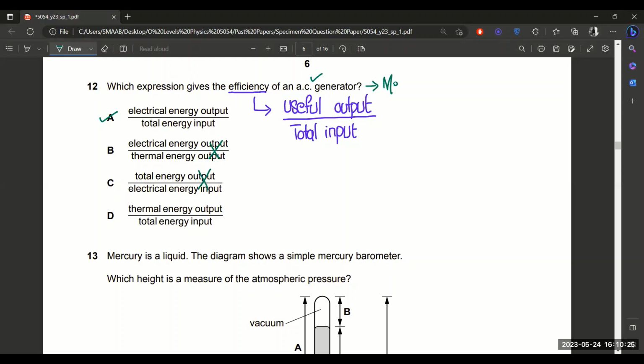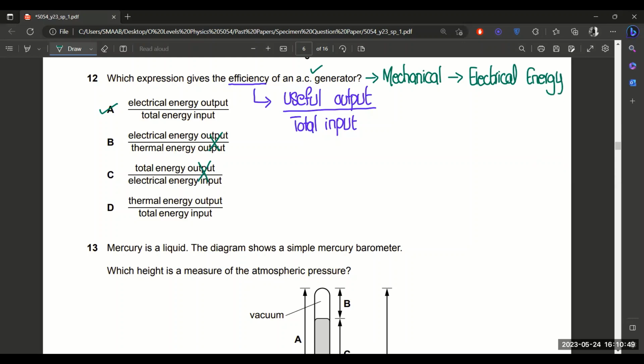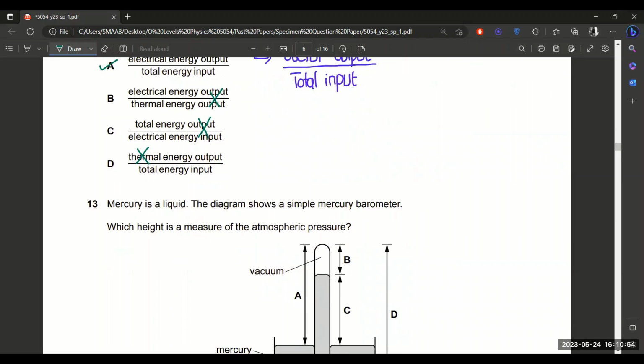If you remember the chapter of electromagnetism, in that chapter we studied that an AC generator basically works to convert mechanical energy into electrical energy. And the last one is thermal energy output. Again, we are not getting thermal output. So option A is the right answer.